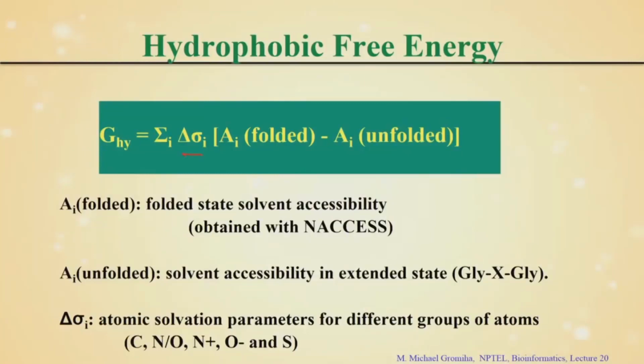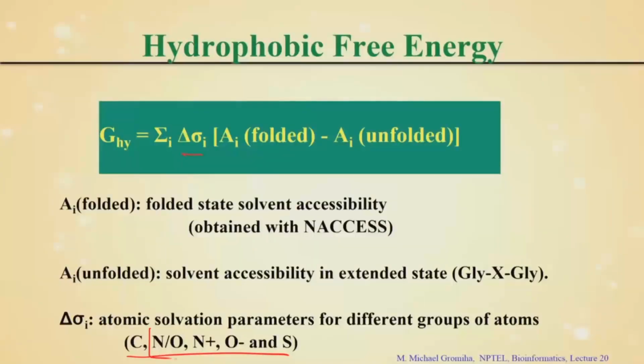Now, how to get these numbers? If you have these atomic solvation parameters, then we can calculate the free energy. For example, here I use 5 different types of atoms. What are the different atoms in protein structures? Carbon, nitrogen, oxygen, sulfur, and for nitrogen we have 2 different types, neutral and positive charge.